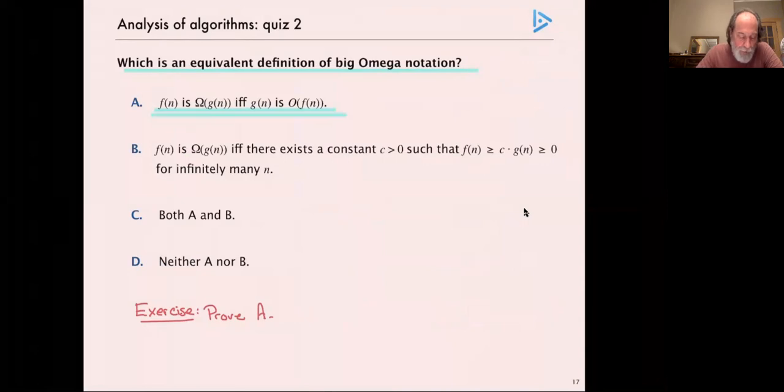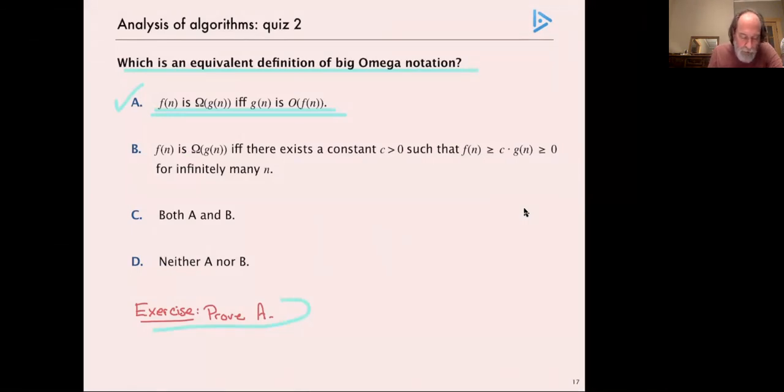Okay, so f of n is big omega of g of n if and only if g of n is big omega of f of n. This is true. They are exact duals of each other. The definitions look similar, but they're also exact duals, right? The only thing that changes in the definition is the order of the inequality. And so it's very straightforward to prove that that's the case.